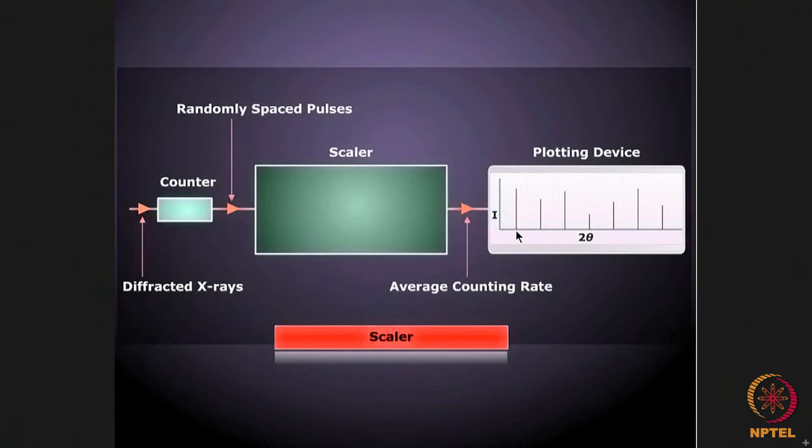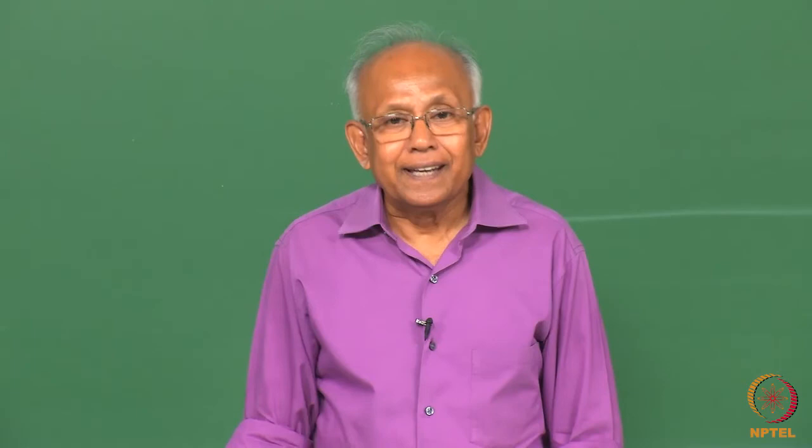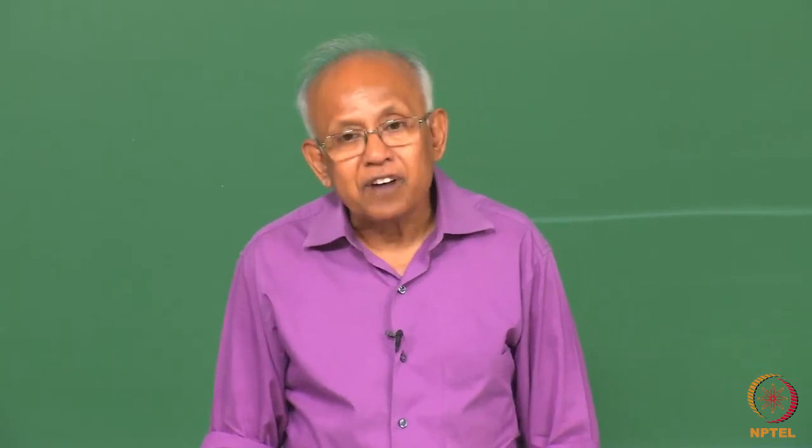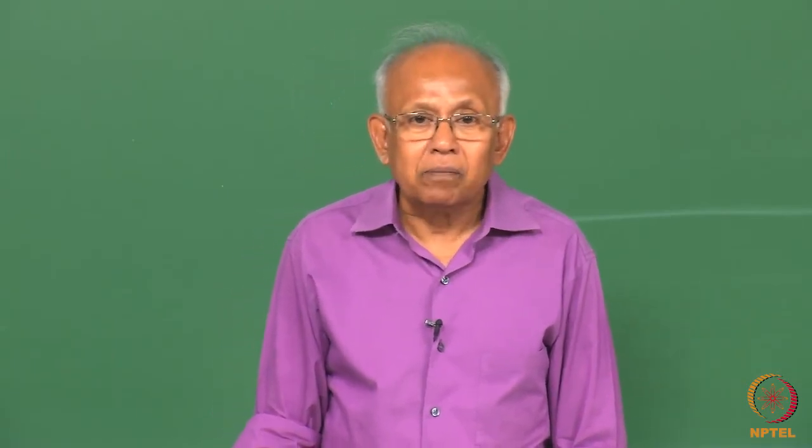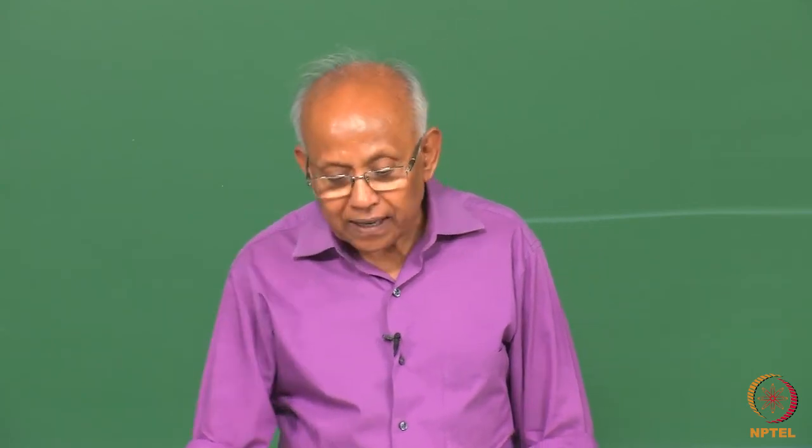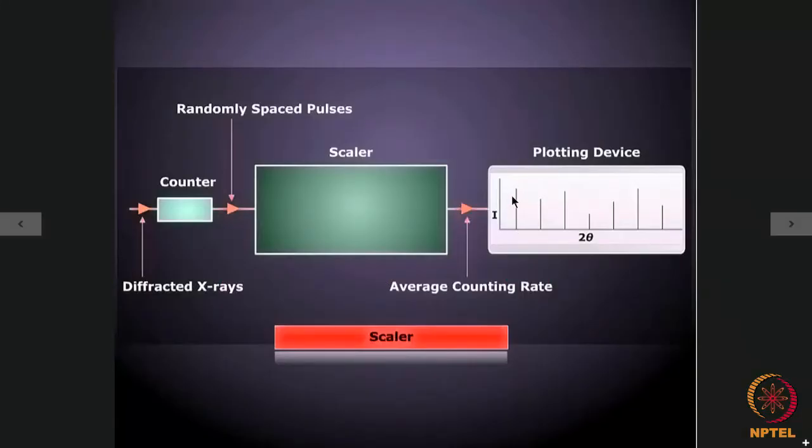At each diffraction line, for any position of the material in the diffractometer, sufficient time is given to find a sufficient number of counts, and then it is divided by the time taken, and you get an average count rate. So, this is how it is an intermittent method of producing the X-ray diffraction pattern using a scaler.